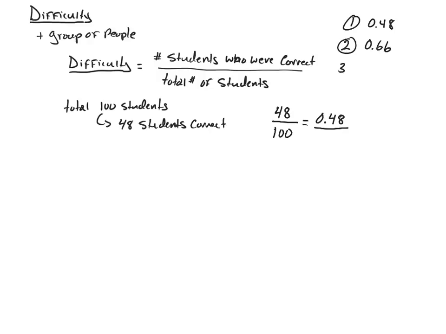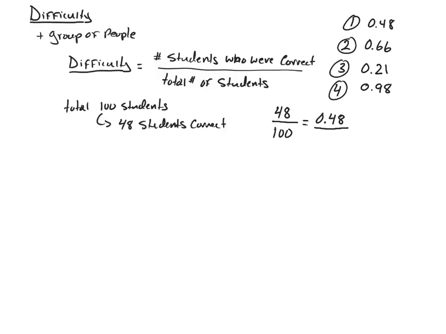Then item 3, we got 0.21. And then item 4, we got 0.98. I just threw some examples of item difficulty there, and then we'll talk about what that means in general.